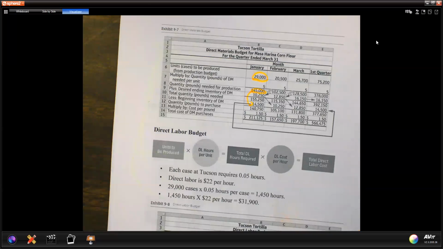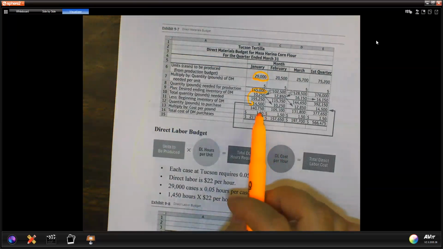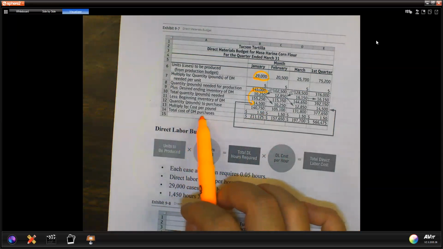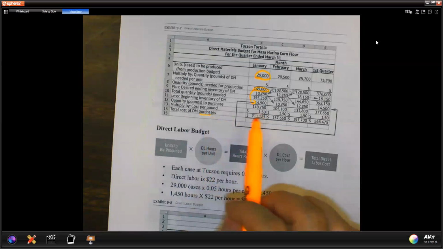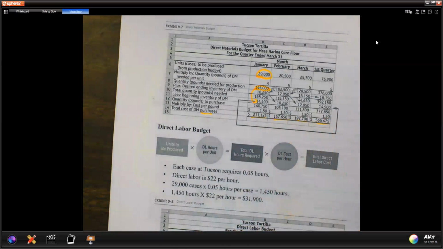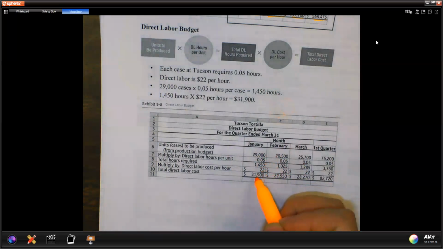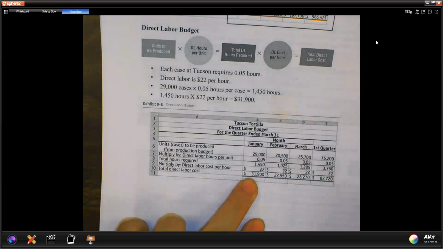And then you get your purchase price for 1 pound, you get your direct material total budget, we have to spend that much money. Direct material is more detailed, but direct labor is kind of straightforward. You want to produce 29,000 units, and each one uses 0.05 hour, each hour pays $22. So that is the direct labor you want to do.